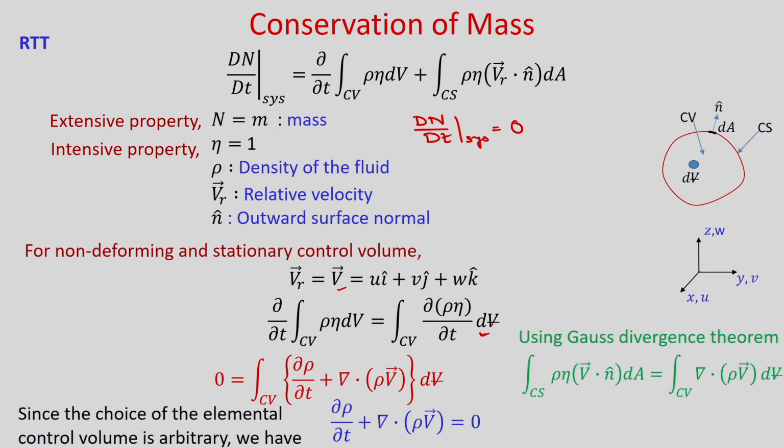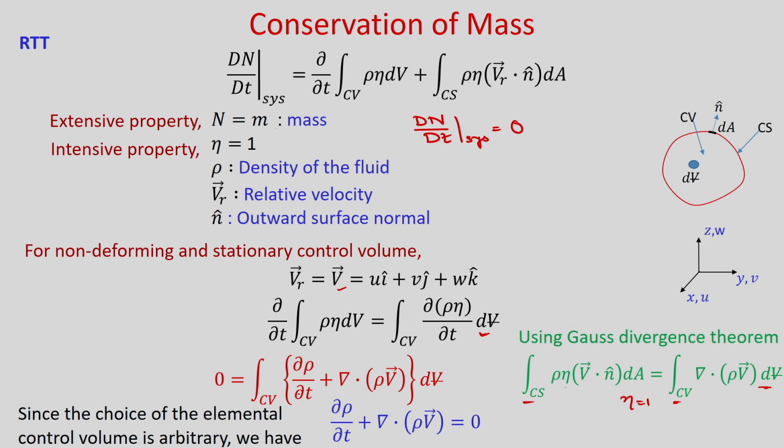So, now this second part, if you consider eta is equal to 1 and Vr is equal to V, then rho V dot n dA. Using the Gauss divergence theorem, if you convert this surface integral to a volume integral, then we can write volume integral divergence of rho V dV.